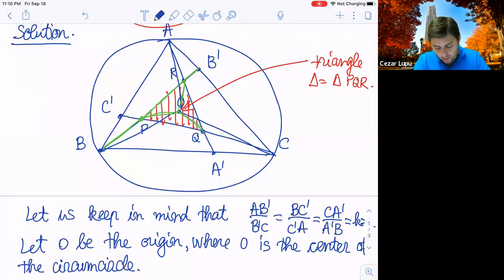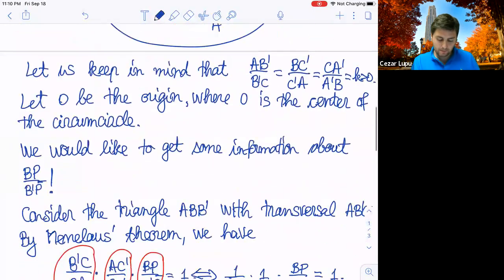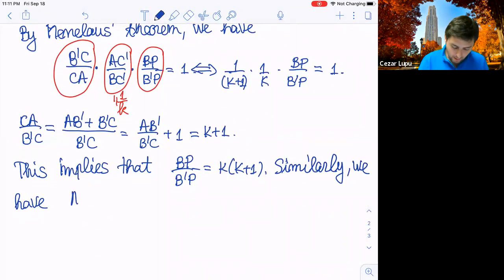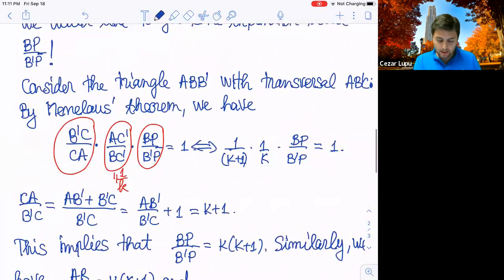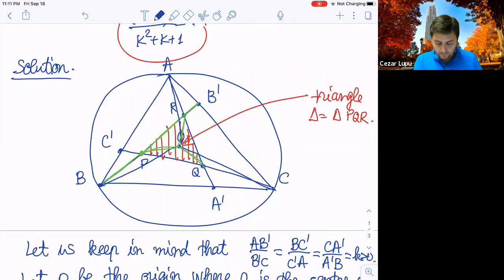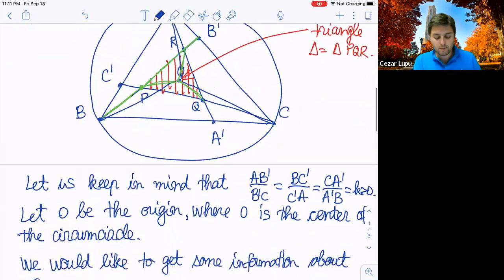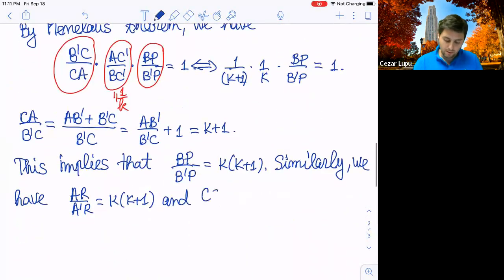We have AR over A prime R is K times K plus 1. And we also have that CQ over C prime Q is K times K plus 1.